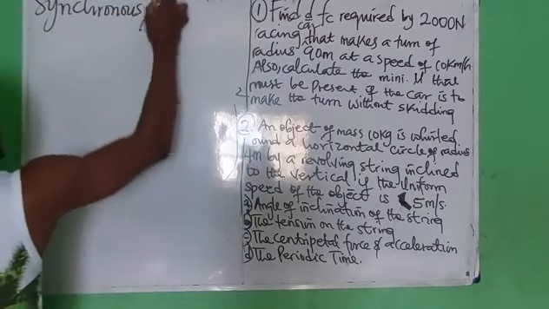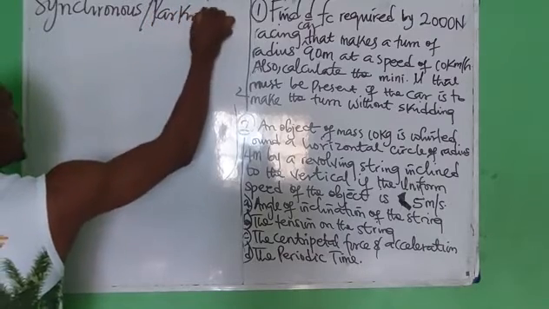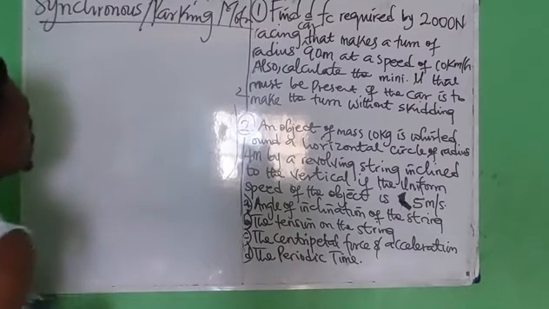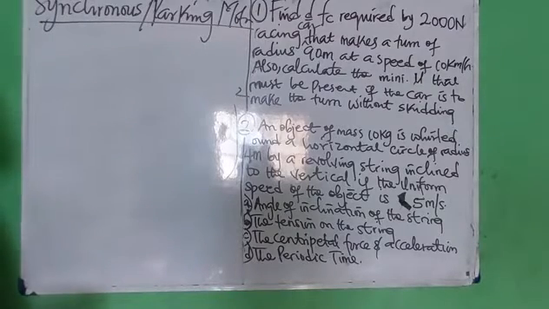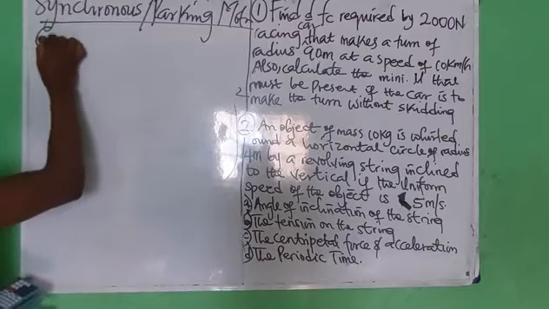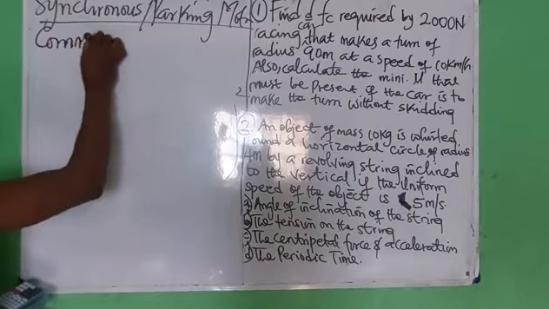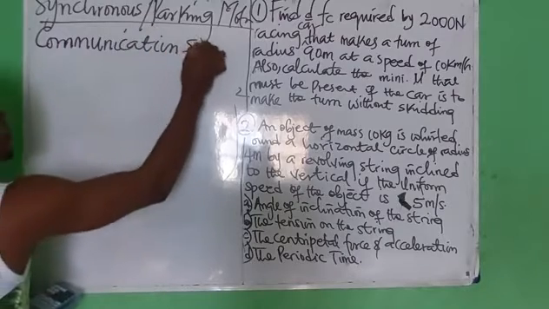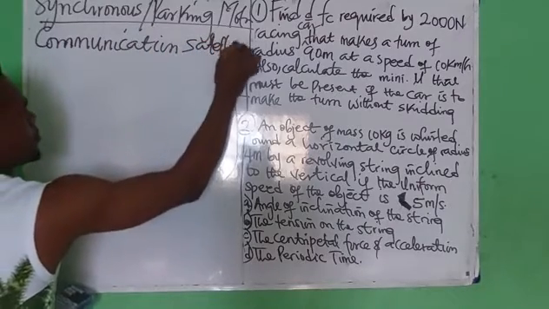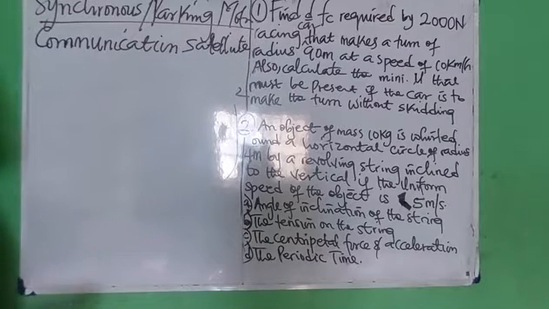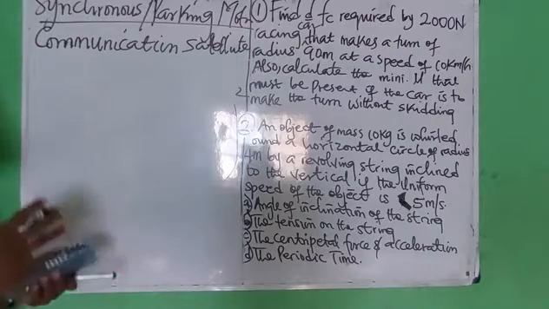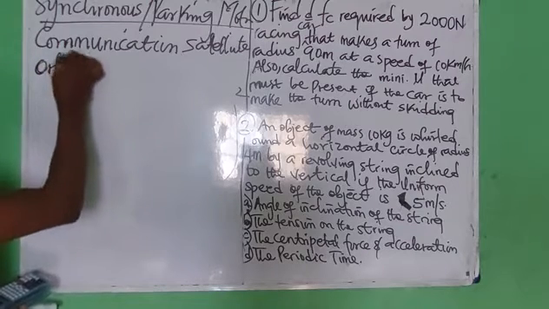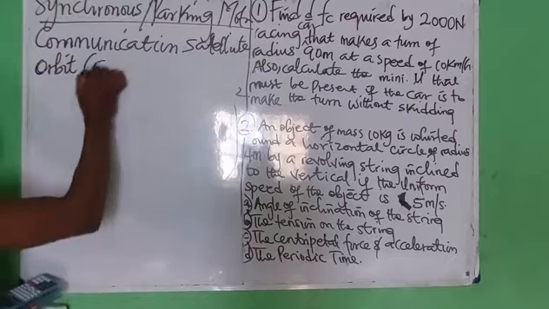In a synchronous or parking motion, a communication satellite is positioned in its orbit, stationary.